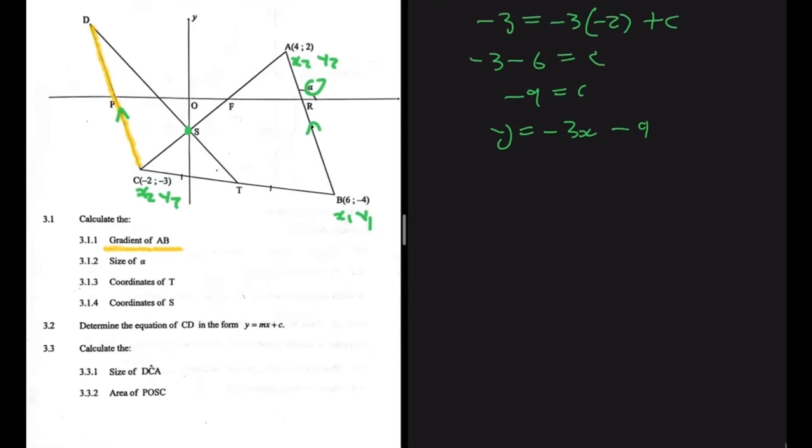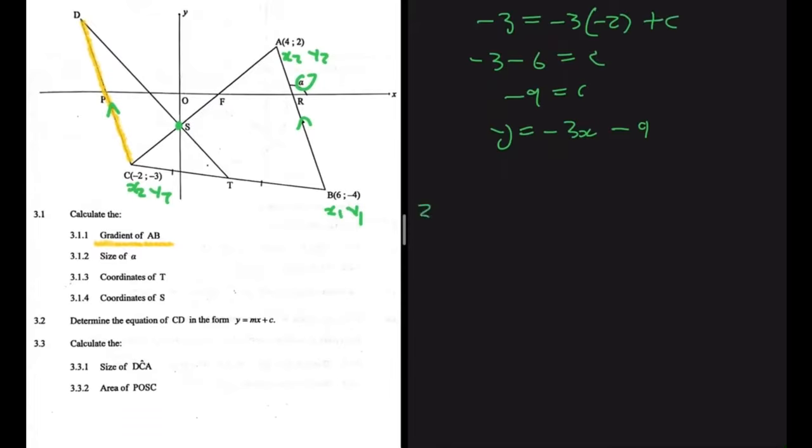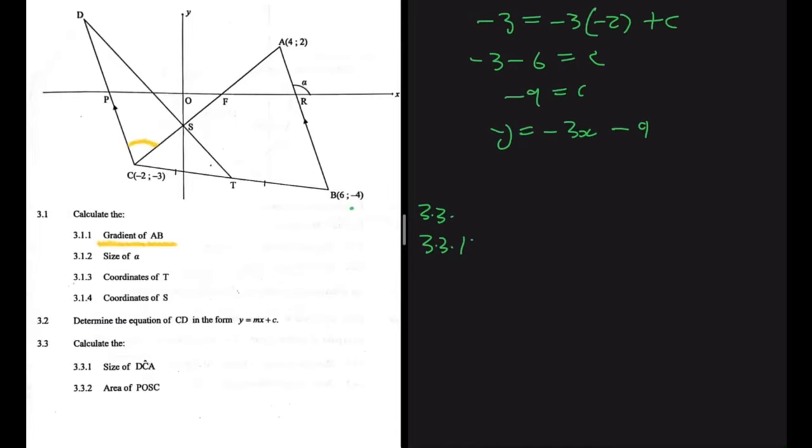If we come to 3.3 here, and then 3.3.1 is saying let's find the size of DCA. So DCA, let me just erase what we have here for a bit of clarity. DCA is this angle here. This question is for 4 marks, right?